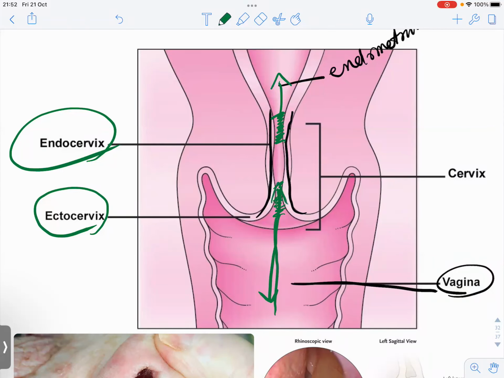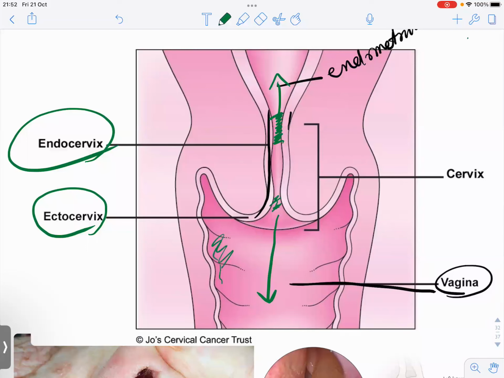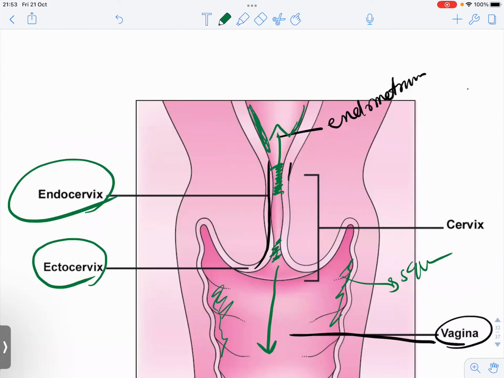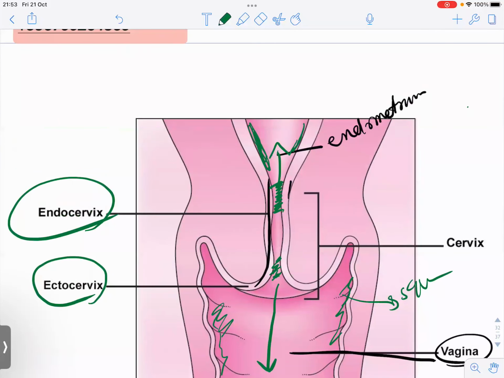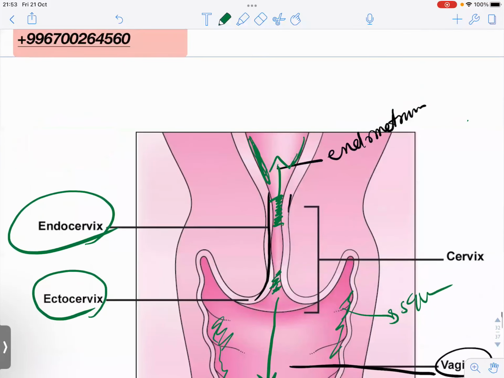So the exocervix is similar to the epithelium in the vagina, because the vagina also has a squamous epithelium. So the exocervix also has squamous epithelium. But in the endometrium, we know that it secretes a lot of hormones and a lot of nutrients to feed the fetus and also to feed the sperm.